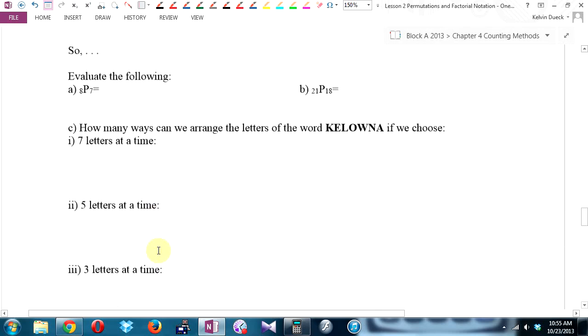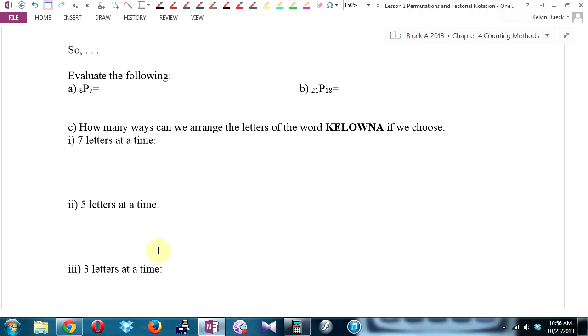Okay? So, on your calculator, evaluate the following. Can you right now find 8P7, or you can say 8 permutate 7. So, evaluate that. Oh, and evaluate 21 permutate 18.